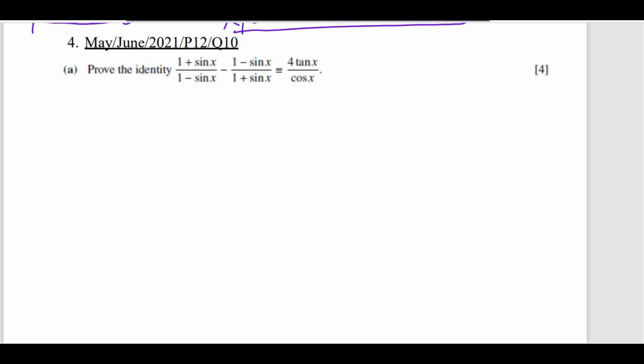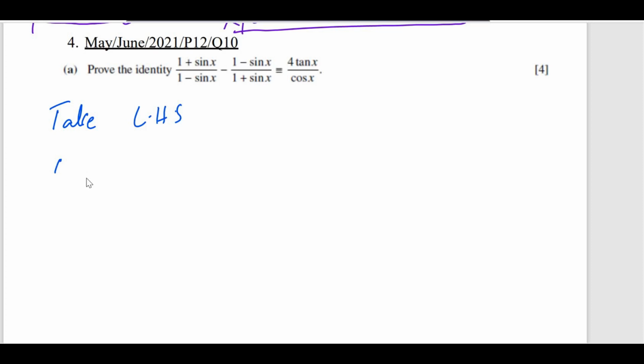Prove the identity. Whenever we have to prove an identity, we take the left hand side and then try to prove the right hand side. First of all, we see that we have fractions here, so we have to take the LCM.